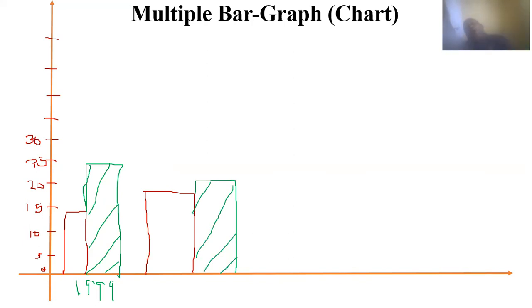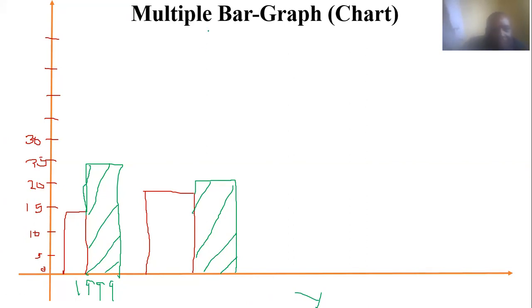So you move on up to the end. But when you finish, you are supposed to label your axis. This is the year, and this is the number of attendance in thousands or licenses in thousands. But one important thing, you must come up with a legend to tell us what each of the bars represents.